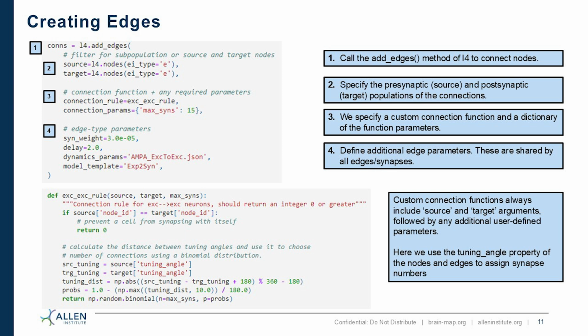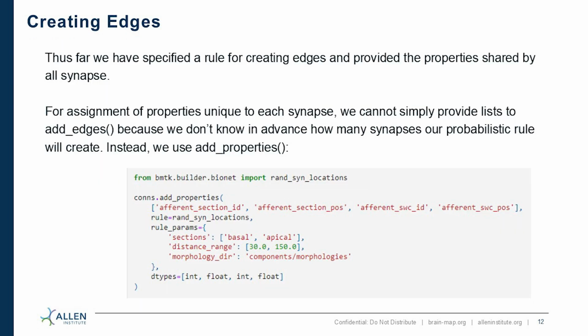In this case, we're extracting the tuning property that we defined randomly for the source and target cells, determining the circular distance between those properties, and returning connections based on that similarity or distance in their respective tunings.